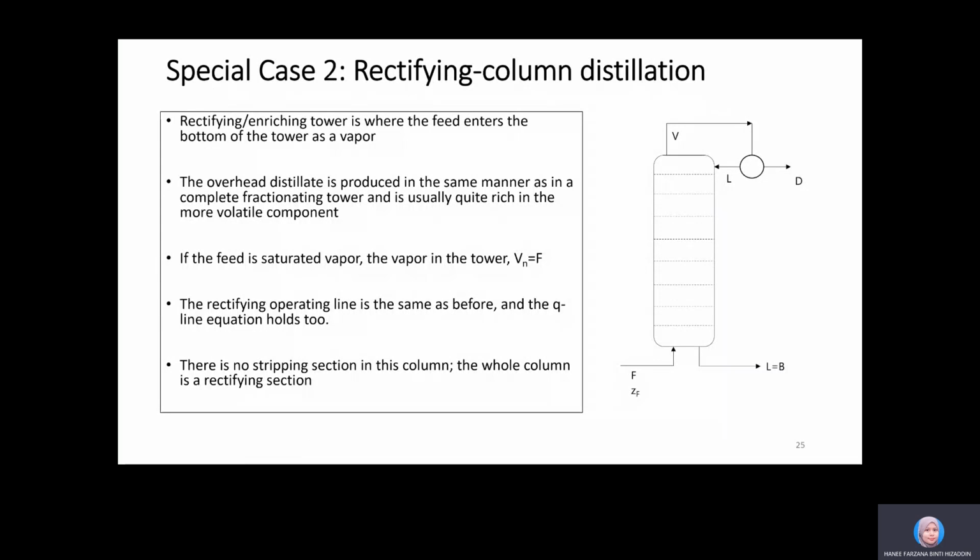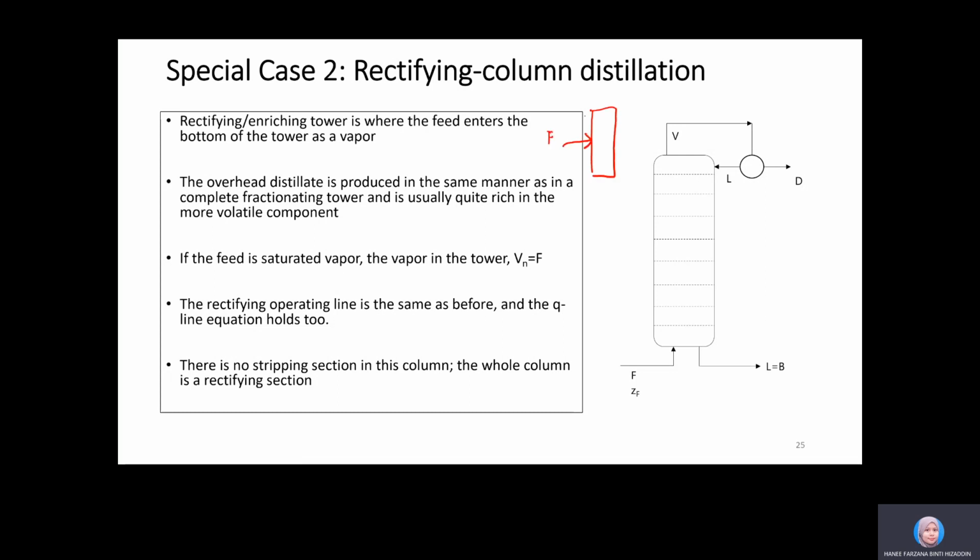Next special case is the rectifying column distillation. Unlike the stripping column distillation, in rectifying column distillation there is no stripping part, only the rectification part. Compare it again with the typical distillation column.